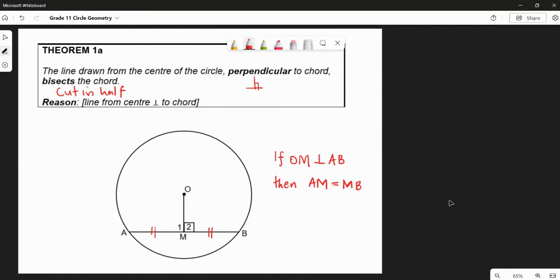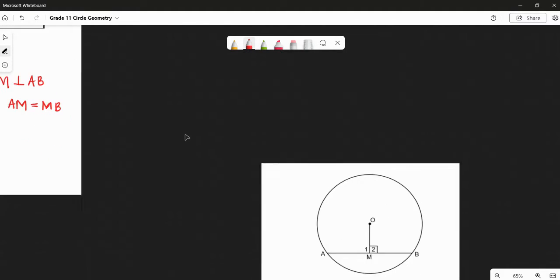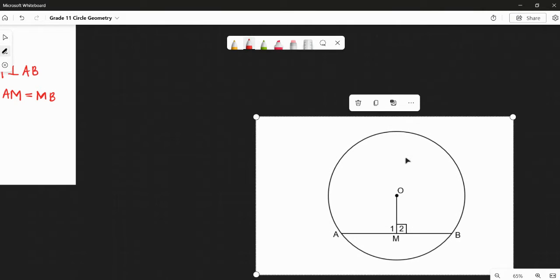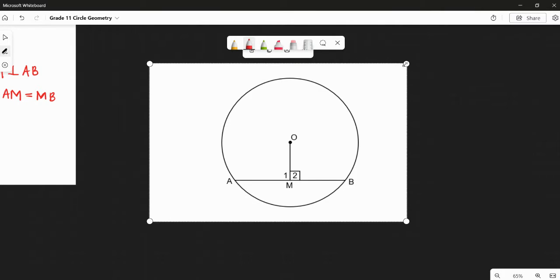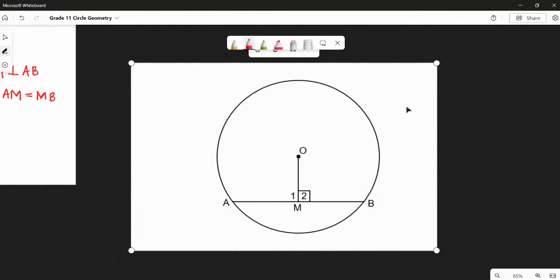So what will be given and what is required of you to prove? Let me just enlarge this one. Let me give you the given information.